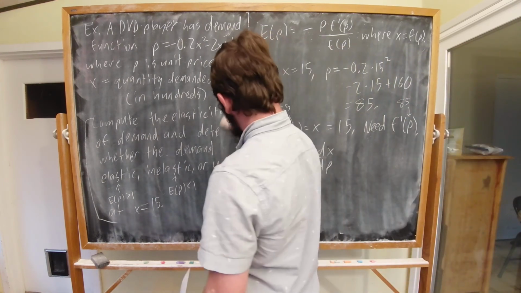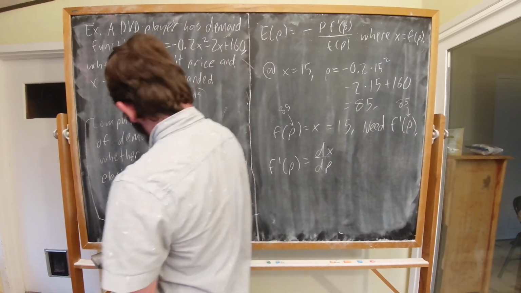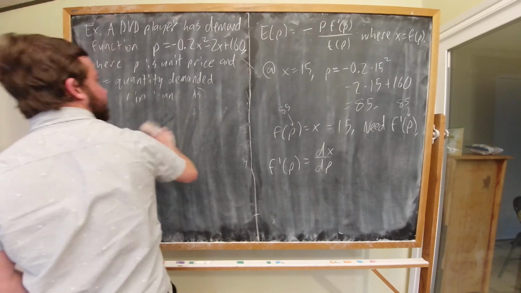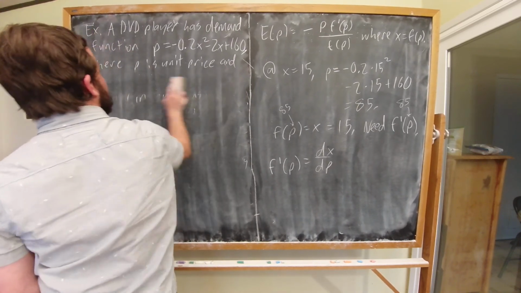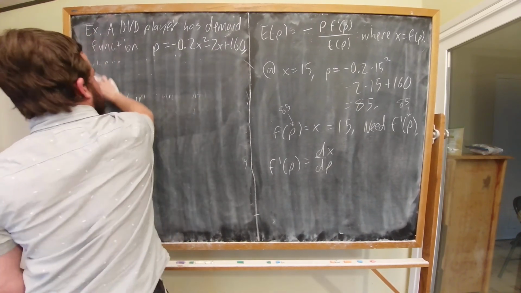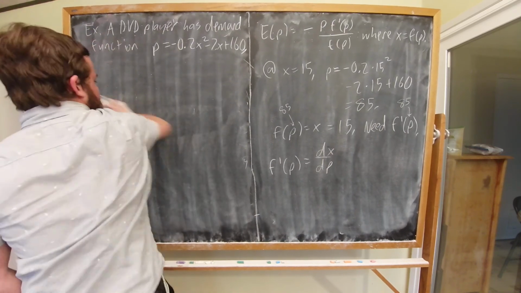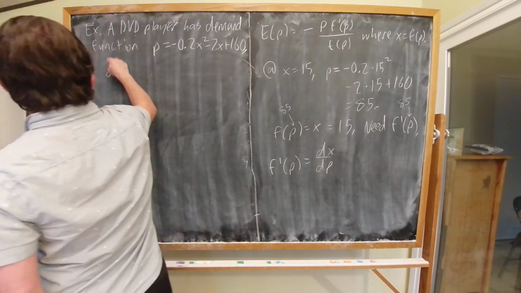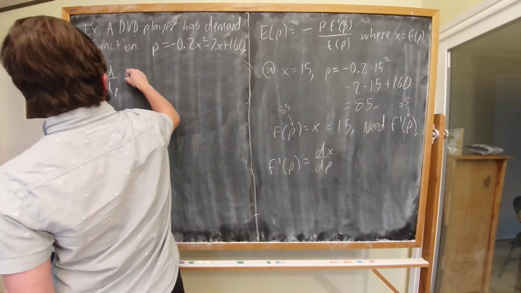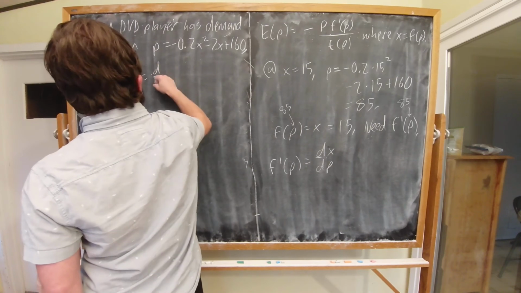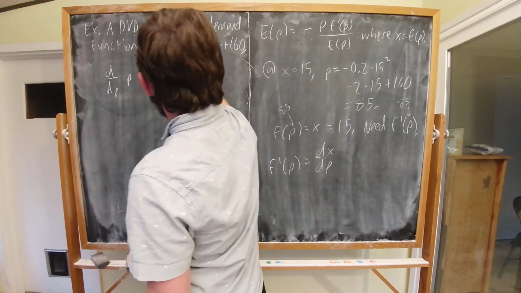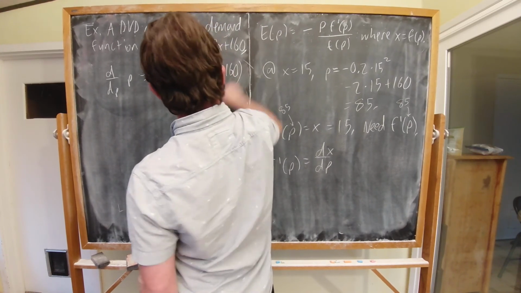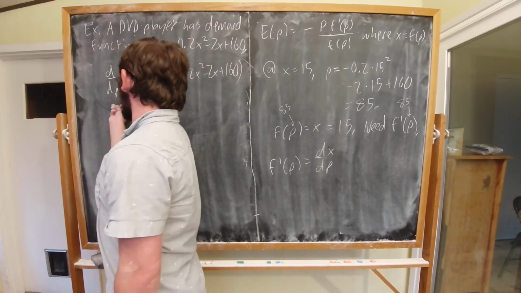We take the derivative with respect to P on both sides, and we get that dp of P is dp of negative 0.2x squared minus 2x plus 160. dp of P is just 1.